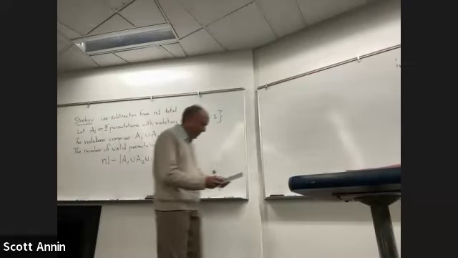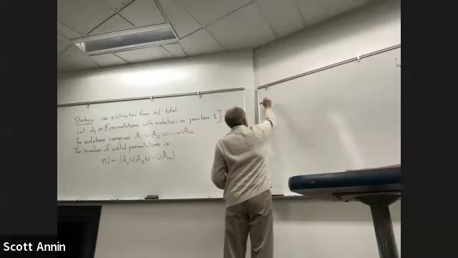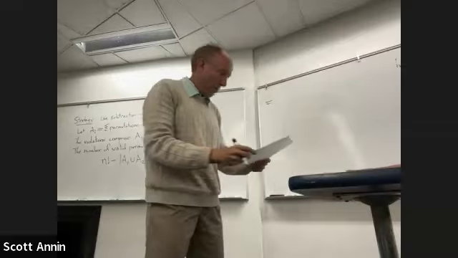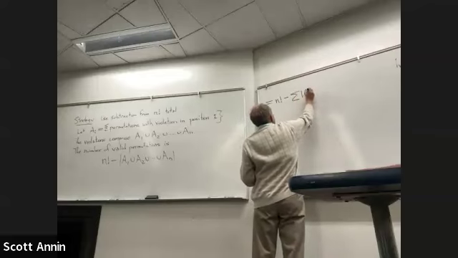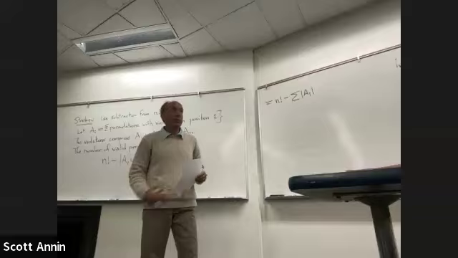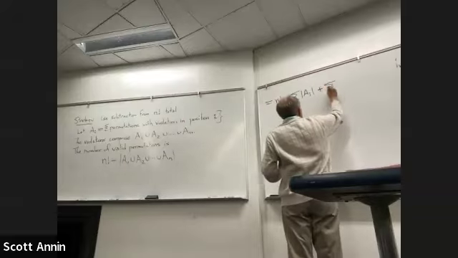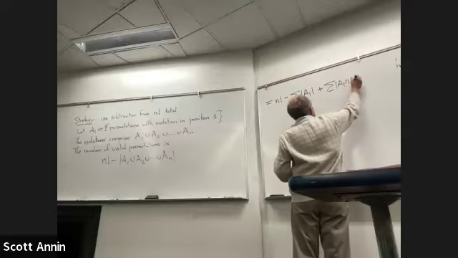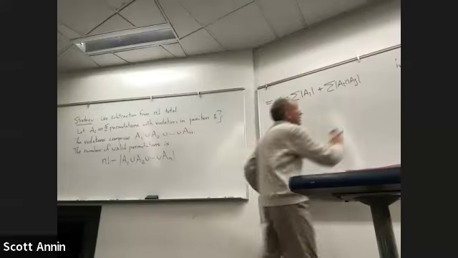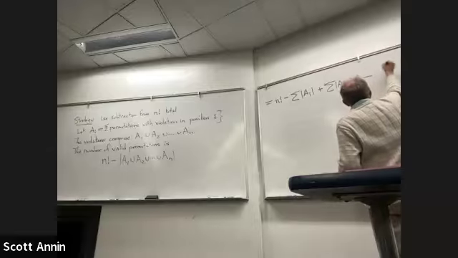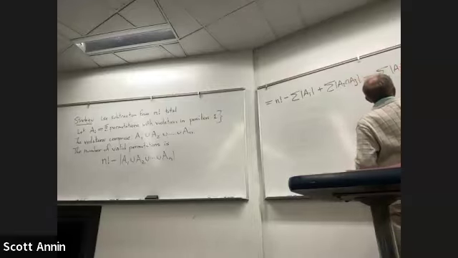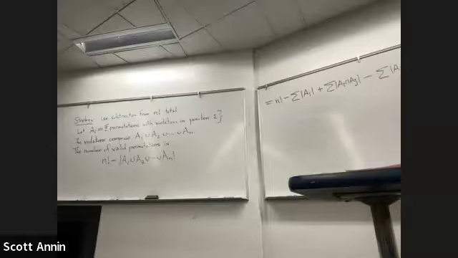So this is going to be equal to n factorial minus the summation of the sizes of all of the individual A sub i's. Then, by the alternating nature of inclusion and exclusion, we would have to add the two-way intersections, and then subtract the three-way intersections, and so on.